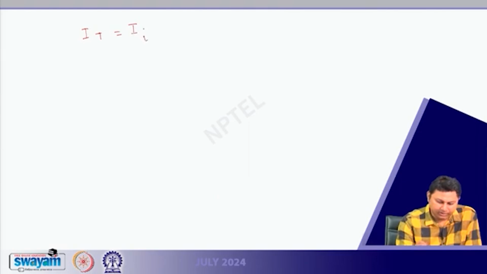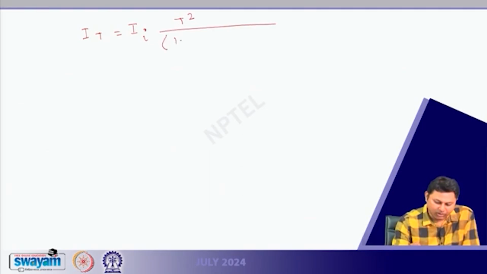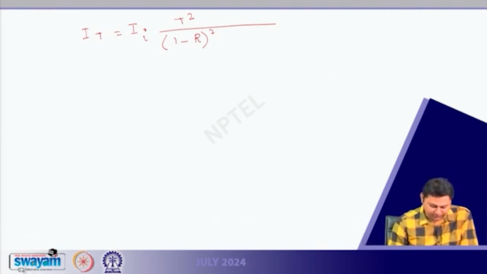I0, 1 minus R square we had. So, that will be replaced by transmissivity square divided by 1 minus R square of that. Okay, let me write this clearly then.